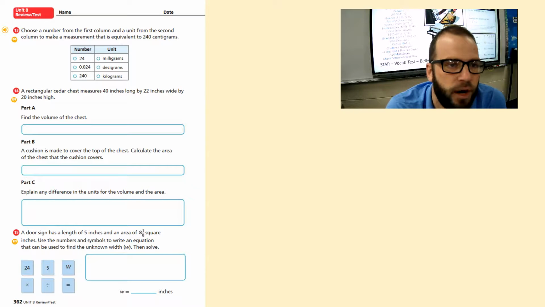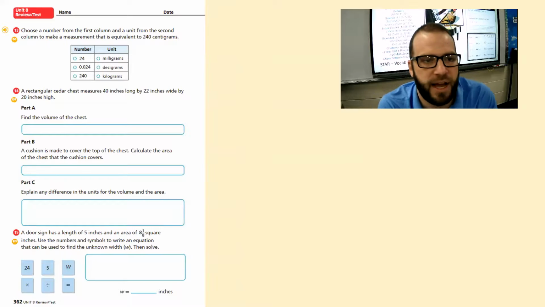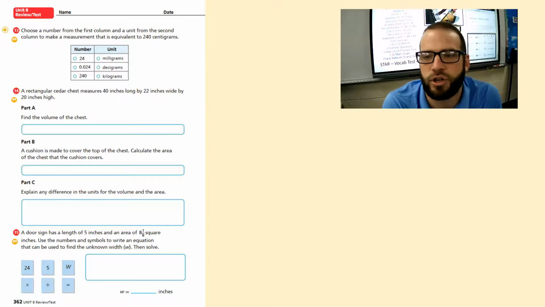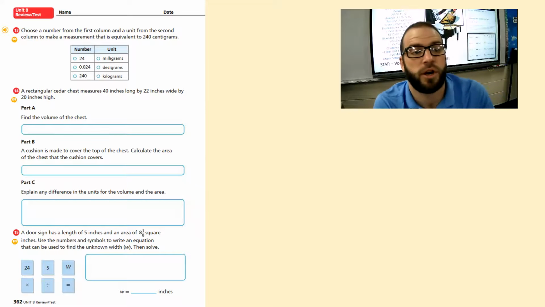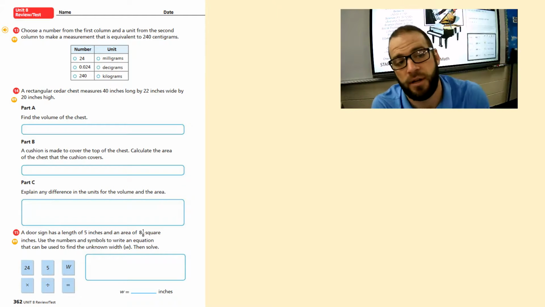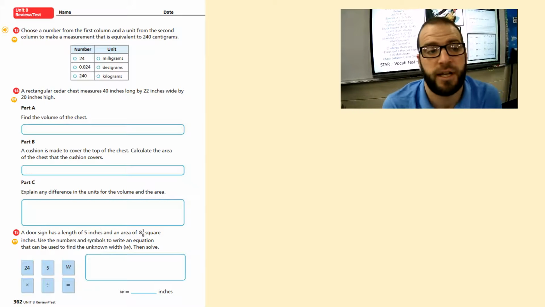It says choose a number from the first column and a unit from the second column to make a measurement that is equal to 240 centigrams. Centigrams. Remember, King Henry died by drinking chocolate milk. You're just going to use grams as your base, and then you're going to turn it into milligrams, decigrams, decagrams, kilograms. So you're going to figure out a number and a unit that is equal to 240 centigrams.